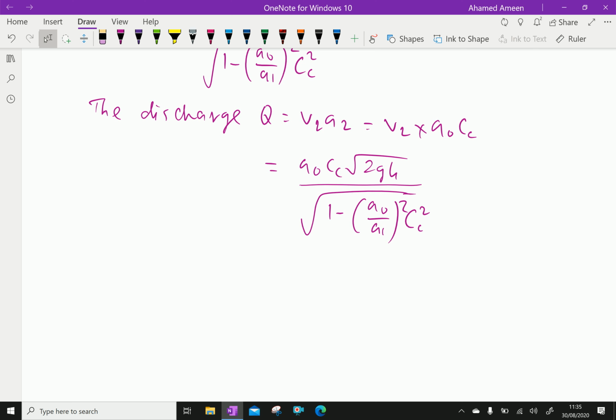The above expression is simplified by using, then here this is the discharge Q.